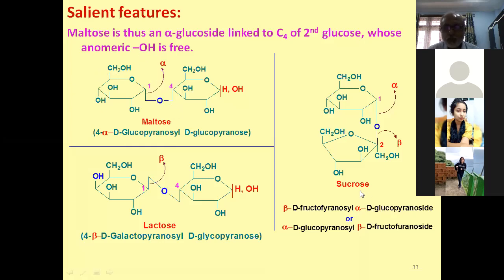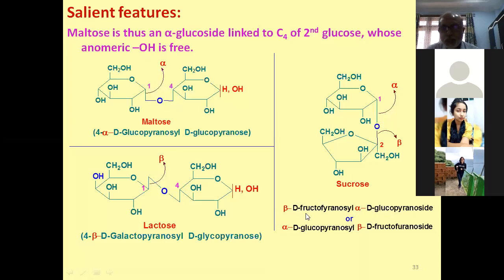In the case of sucrose, we can consider it to be a glycoside of either glucose or fructose, alpha or beta. So we can say it is an alpha glucopyranoside.